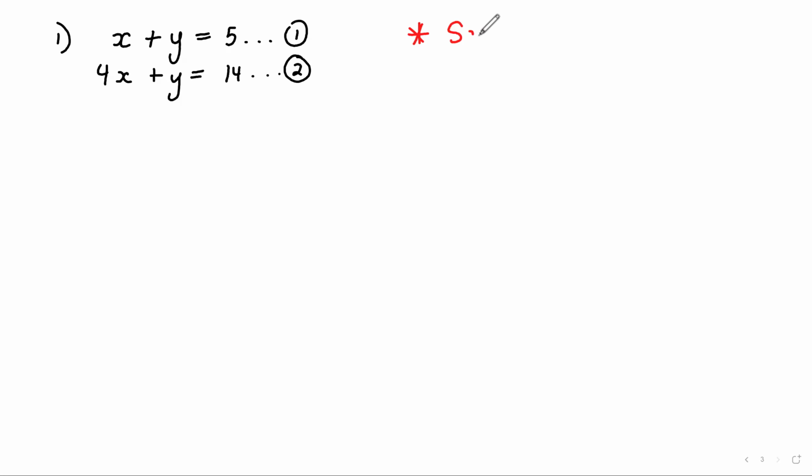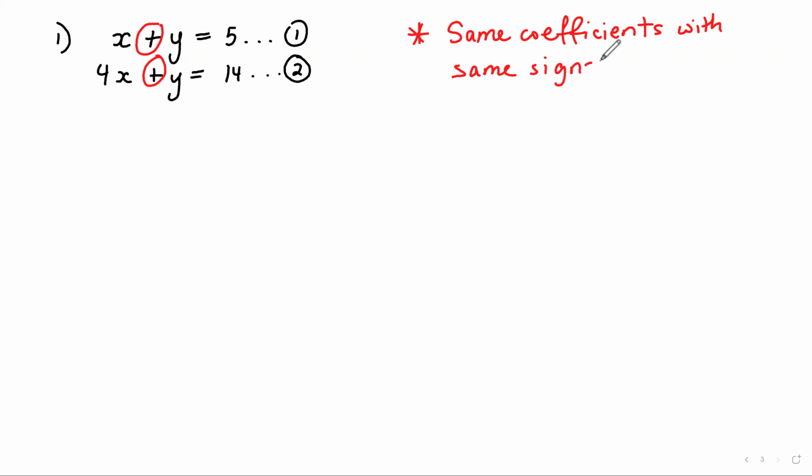And what do I mean by same signs? They're both positive, so they both have plus and plus in front of them. So same coefficients with same signs means that we subtract the equations.